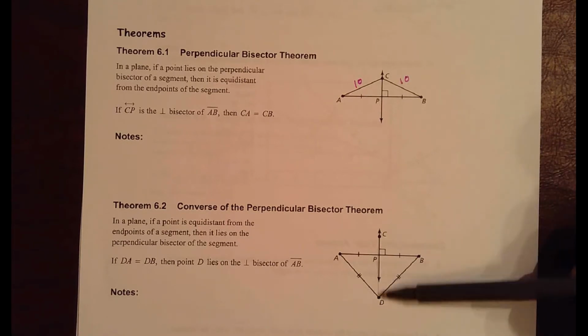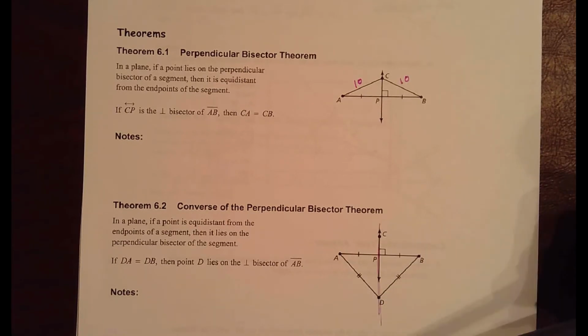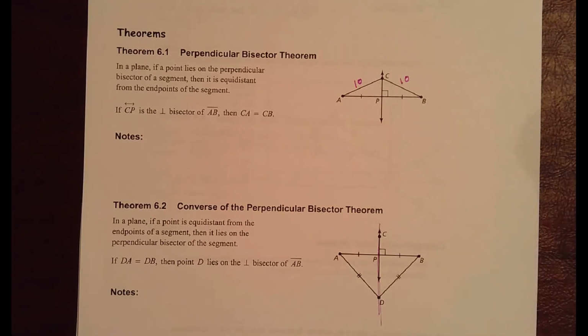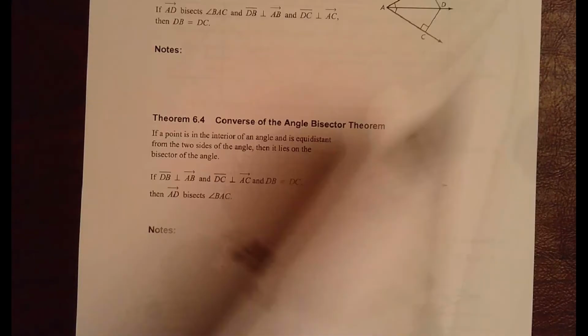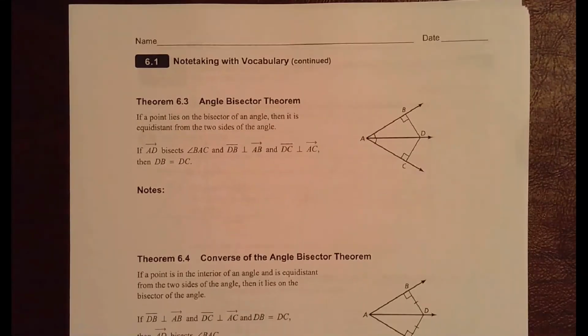So then this must be the perpendicular bisector. It's basically, like we said before, the converse of that theorem. Turn to page 167. Let's talk through some problems here on page 167.